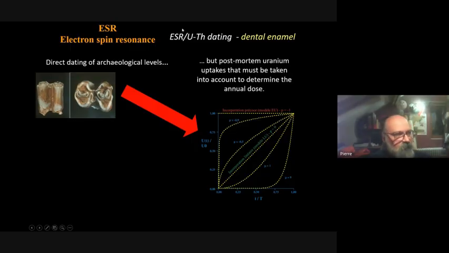The teeth are analyzed by ESR, but we need uranium series to understand one of the parameters of this method, the annual dose.